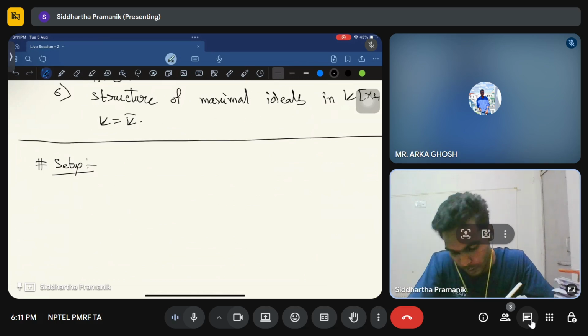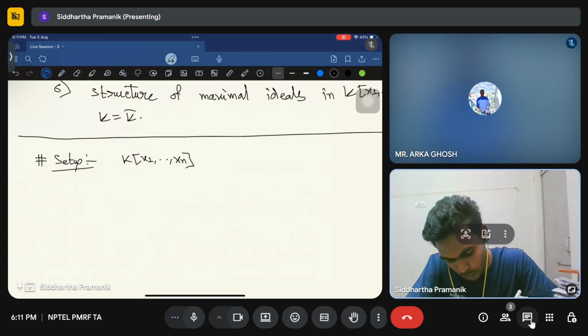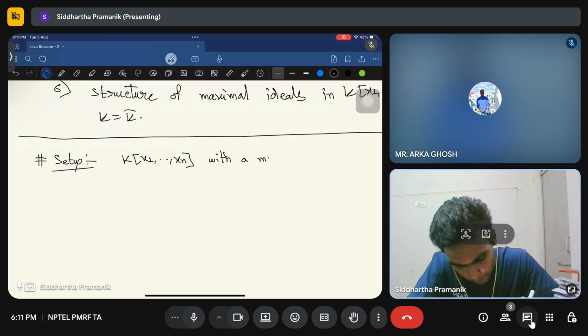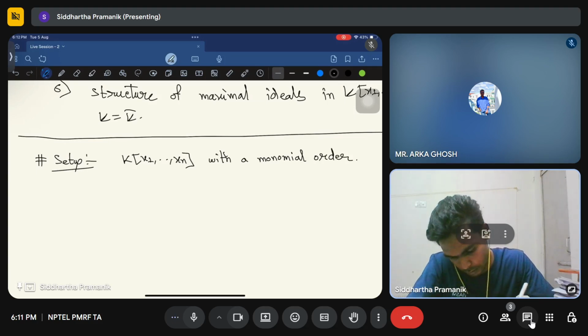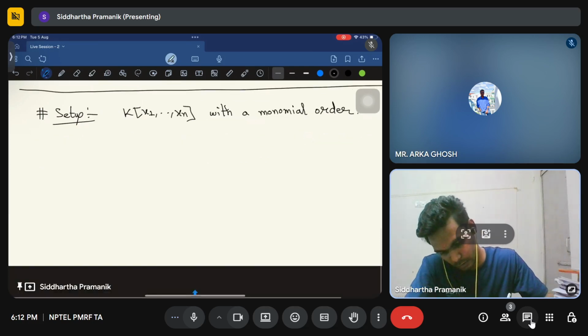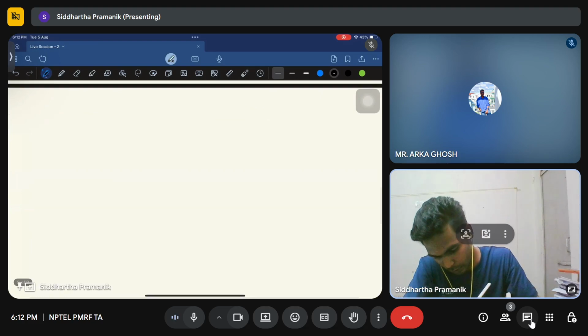We are always over a polynomial ring over a field with a monomial order. If we use some specific order, then I will mention it. Okay, so the first problem.